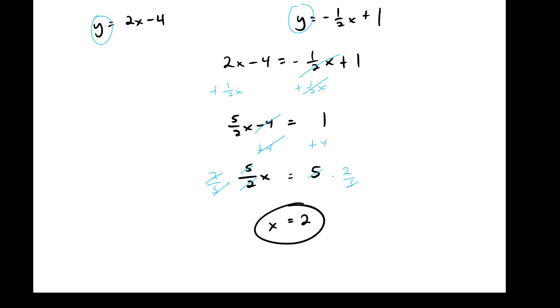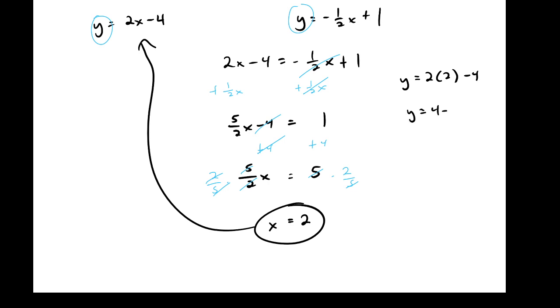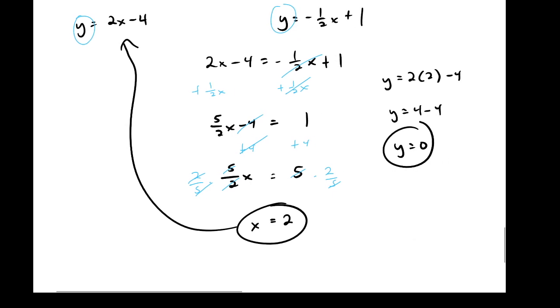So I got to plug this back in, and you can do it in either equation. You'll get the same outcome. I'm going to put it in that one. I think it's easier, for me at least. So I'm going to do 2 times 2 minus 4, because I'm better at multiplying integers together rather than multiplying times a fraction. So y is going to be equal to 4 minus 4, which of course is 0, which gives me my coordinate.